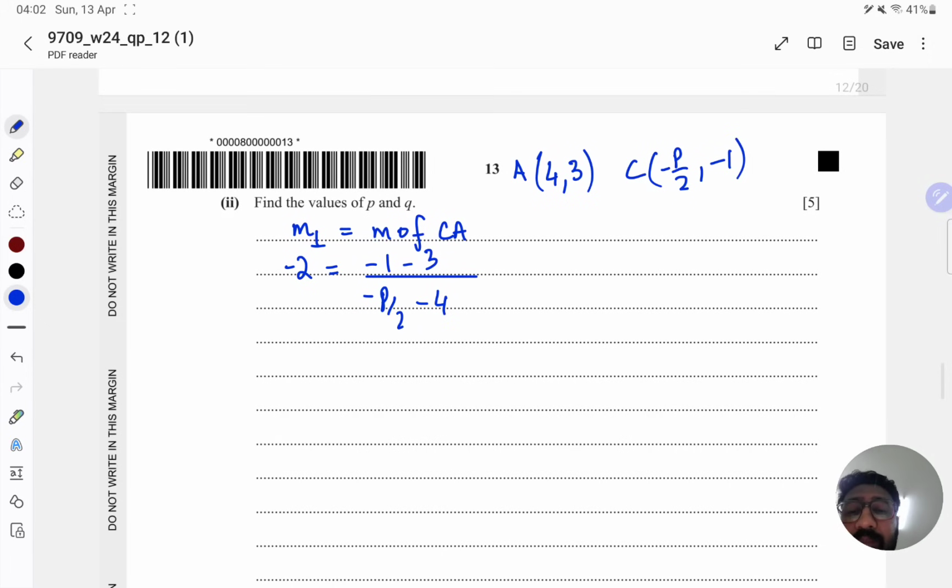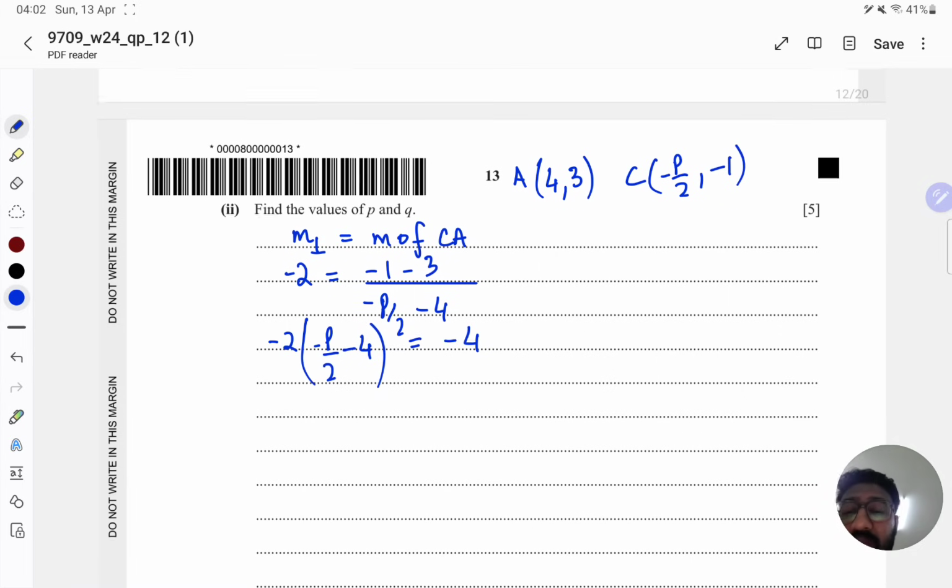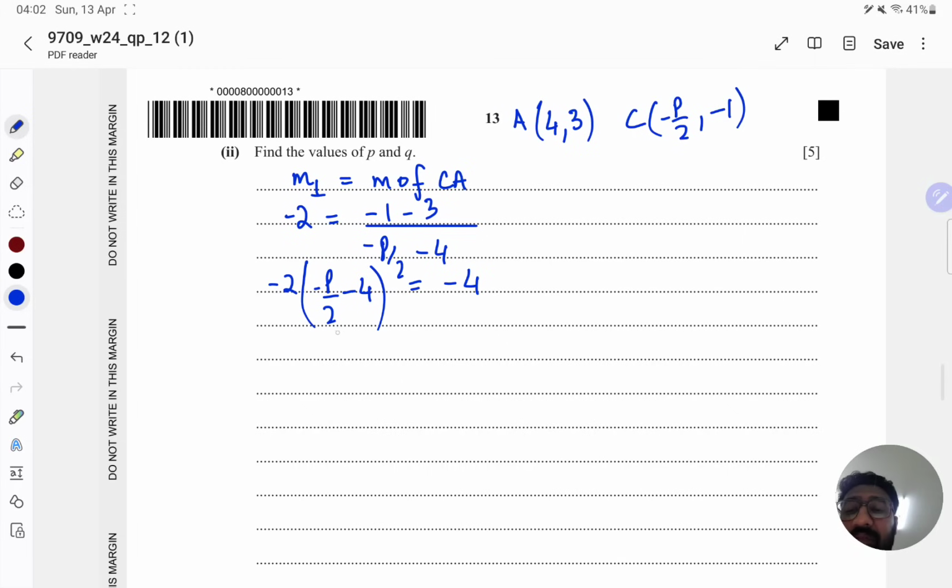So we'll simplify. It will be minus 2 bracket minus p by 2 minus 4 equals minus 4. If we simplify, it will be plus p plus 8 equals minus 4.